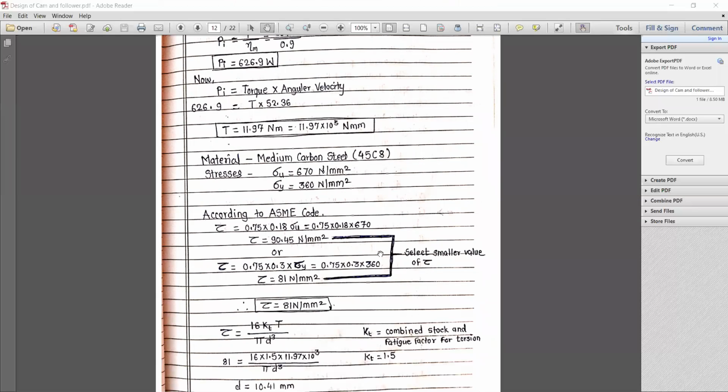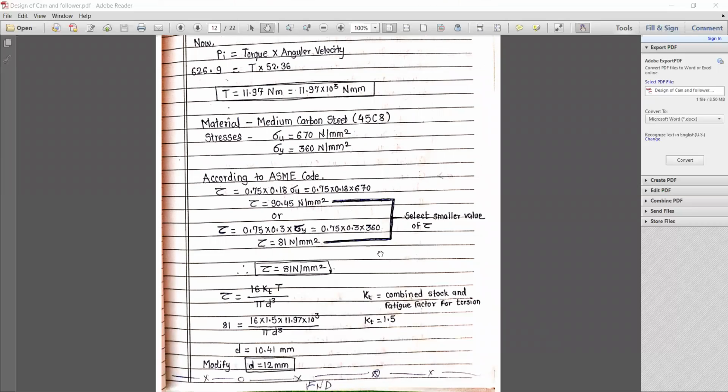Now for the design of the shaft, we have selected the material, medium carbon steel 45C8, with stresses sigma u 670 Newton per mm square and yield stress 360 Newton per mm square. According to the ASME code, tau is equal to 0.75 into 0.18 times sigma u.